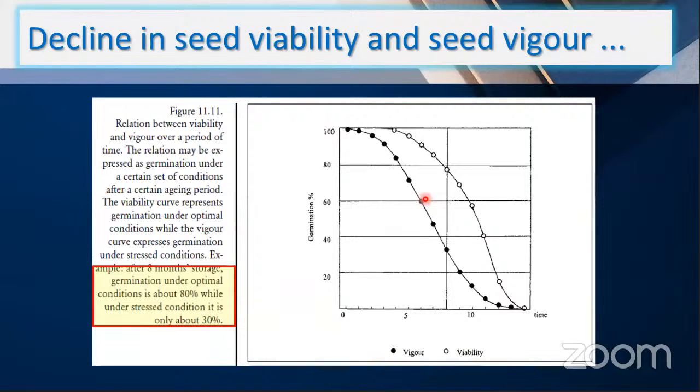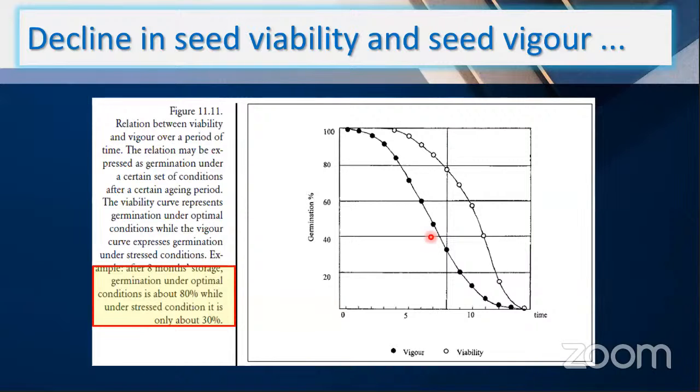So in this graph, the fall in seed vigor precedes the fall in seed viability. Okay, so the seed germination may be 80, but the vigor may be lesser than what you expect. That is what I want to impress upon you with this graph.